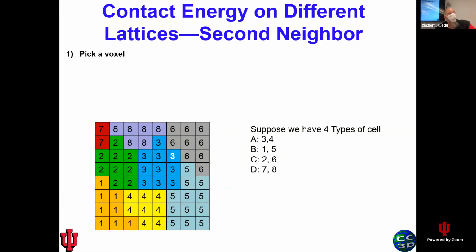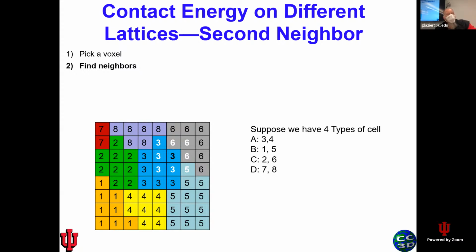And now I do it again. And if we went to second neighbor, well, here my second neighbors are that initial voxel. So now my second neighbor includes my 2 6s that I had before, another 6, and now a 5.